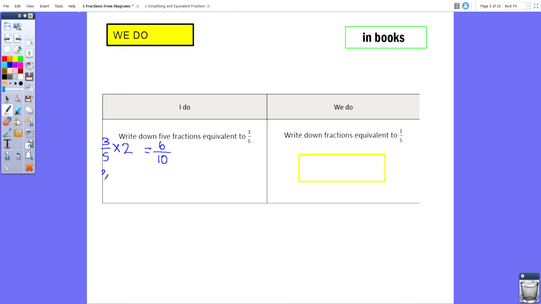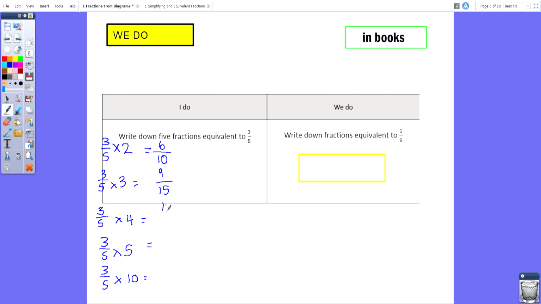And then I'm going to do the same thing with another easier number. I'm going to go for 3. So 3 times 3 is 9, and 5 times 3 is 15. And keep going using equally simple numbers until we've got 5 equivalent fractions. In fact, I'm going to choose 10 for this last one because that's a nice easy number as well.